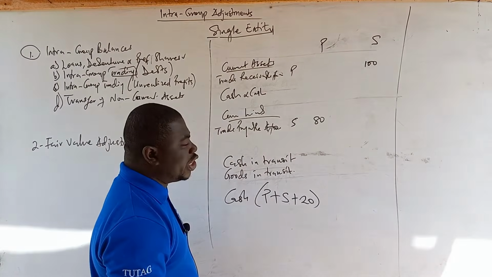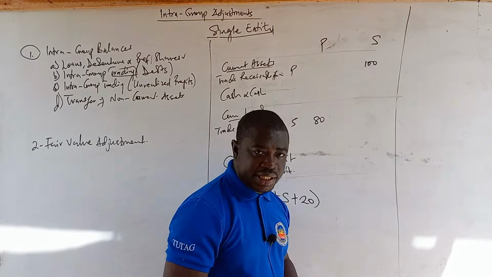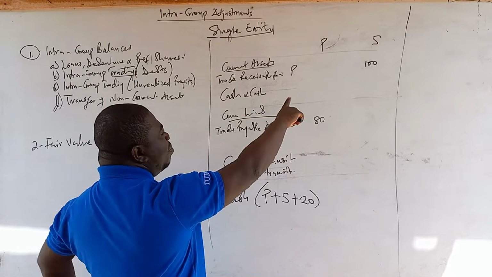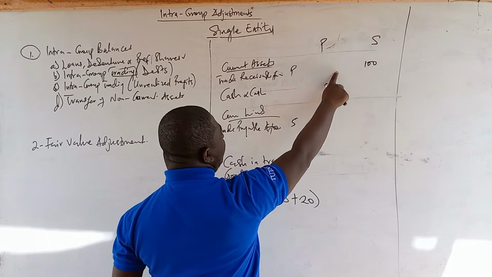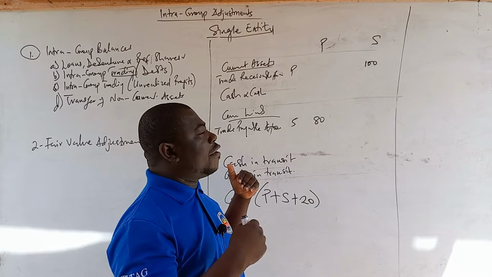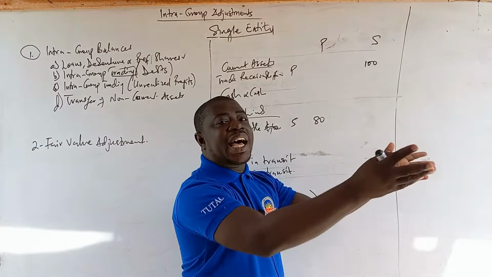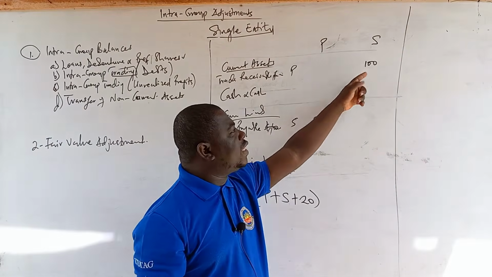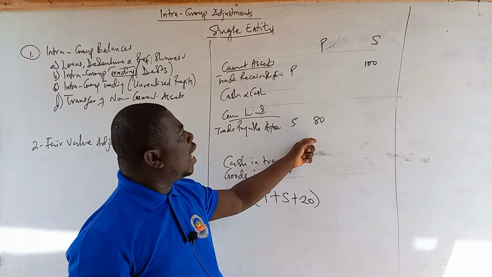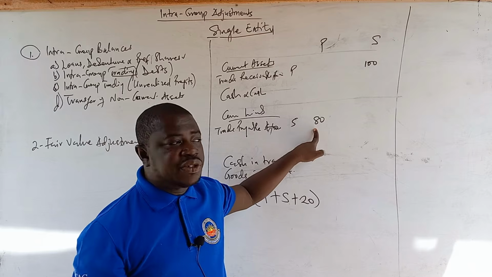Let us look at a situation where it is goods in transit. Now, in that case, what it would have meant is that maybe this subsidiary, initially it was 80-80, but they have sent or they have dispatched goods worth 20 CD to the parent. So the goods are on their way coming to the parent. However, the parent has not yet received the goods.